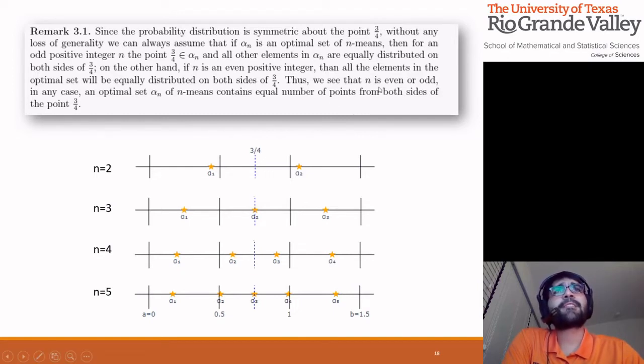Thus, we see that n is even or odd. In any case, an optimal set alpha of n means contains an equal number of points from both sides of the point 3/4.